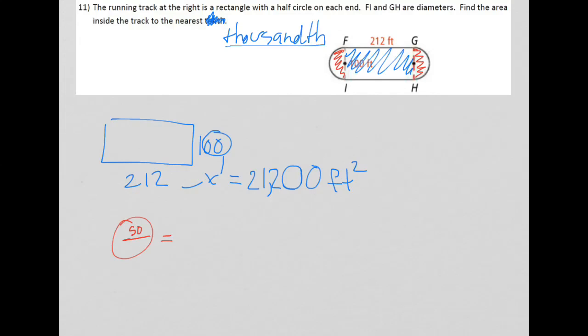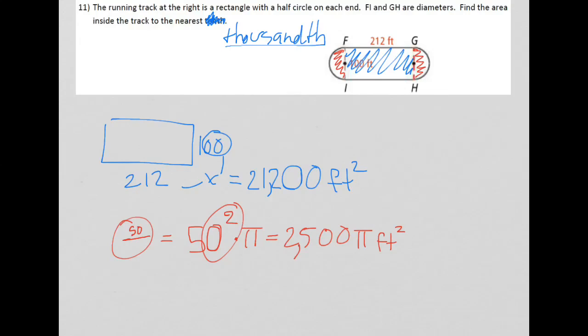So our area here is 50 squared times pi, because pi r squared. So let's do some more mental math. 5 times 5 is 25. Then add those two zeros on from that bit, and we got 2,500 pi feet squared.